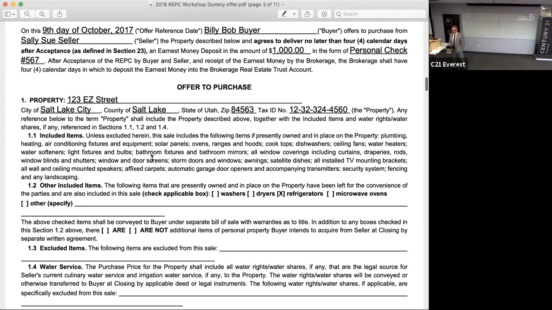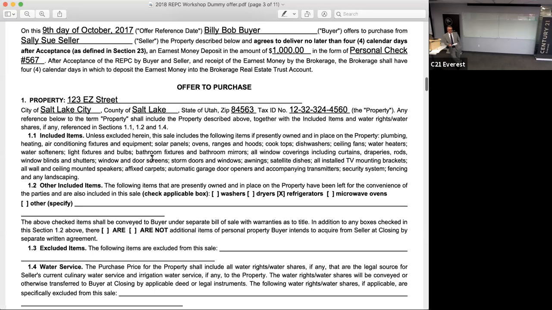An offer is sent, and then somebody comes back later on the seller side and says, hey, we put on the MLS that the refrigerator wasn't included. But the REPC shows that it is included. So if the MLS says not included and the REPC says included, then what?